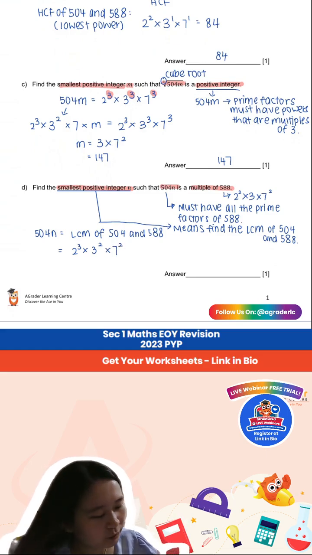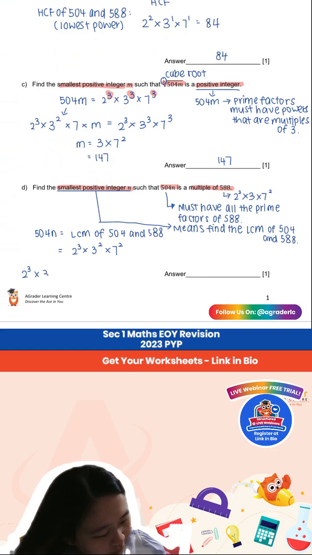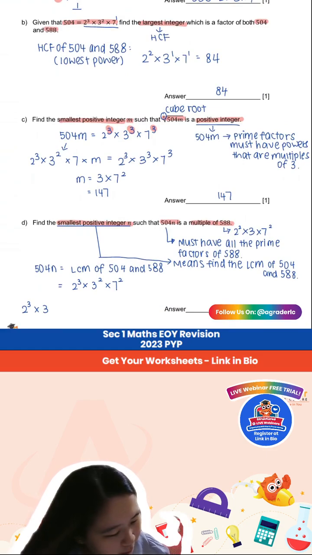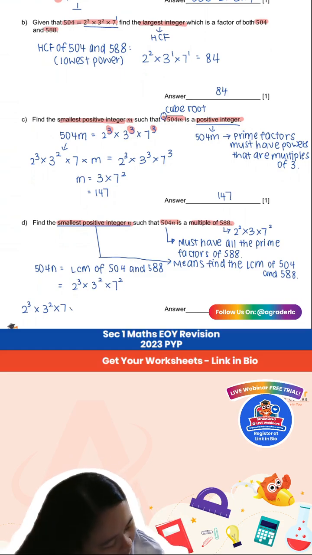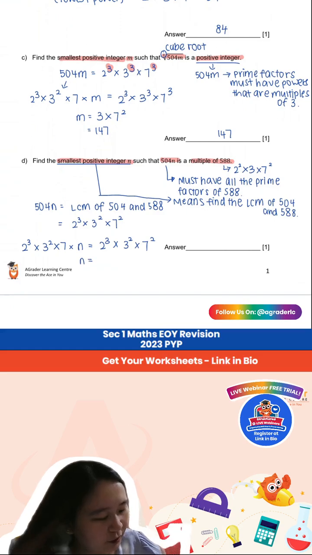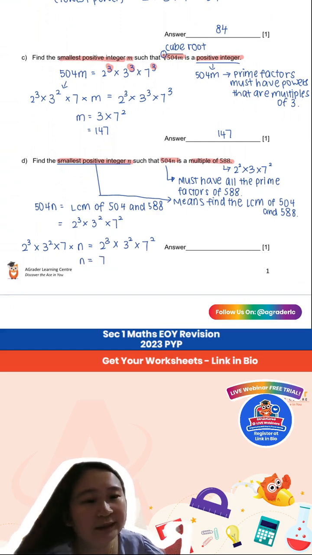Okay? And then we know that our 504, the prime factorization is 2 power 3 times 3 power 2 times 7, and then times n, it must be equal to 2 power 3 times 3 squared times 7 squared. So with this, we can find the value of n, which is just 7.